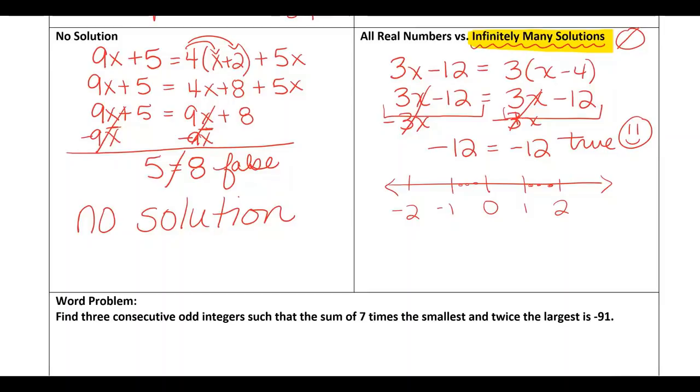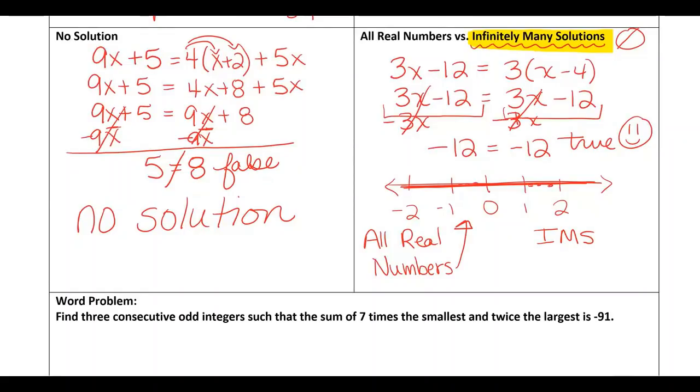So when I say all real numbers, I am talking about the number line, all of it. Everything, fractions, decimals, will work in this equation. Now, a lot of times you will abbreviate infinitely many solutions, IMS.